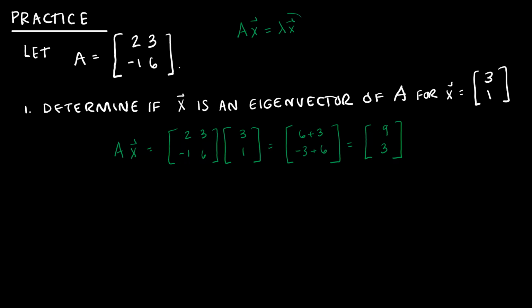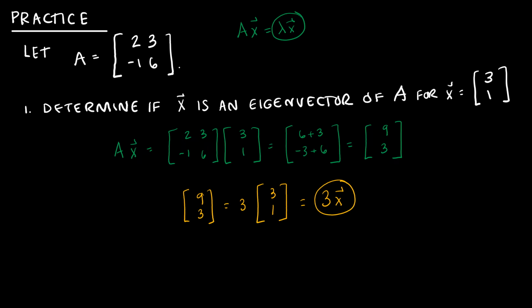The question is, is that equal to some scalar times x? Well, I can see that (9, 3) can be written as 3 times (3, 1), and (3, 1) is just x from the question. So is x an eigenvector of A?